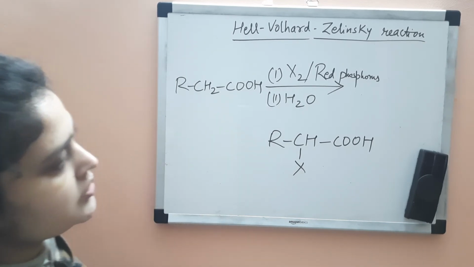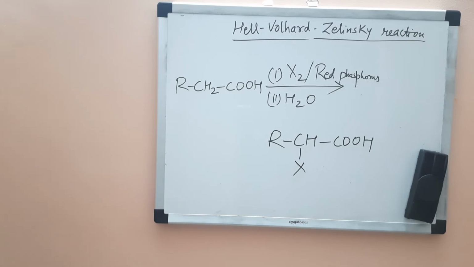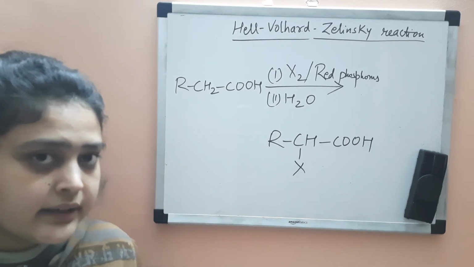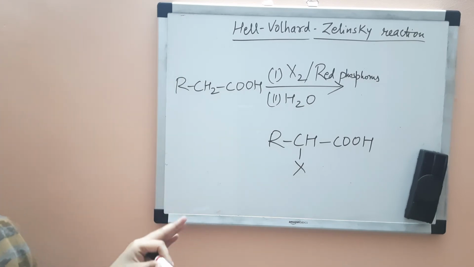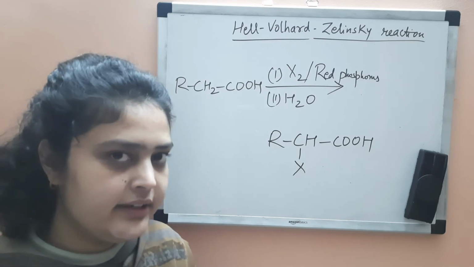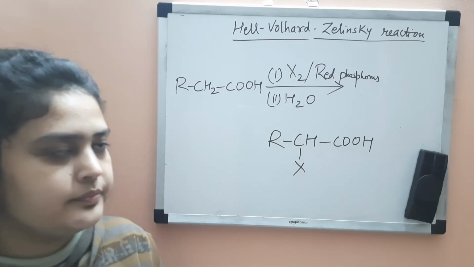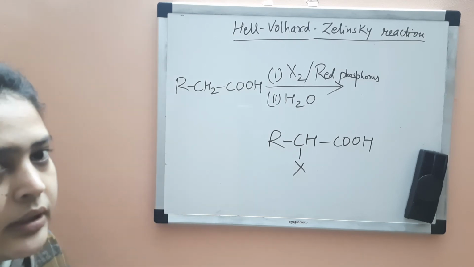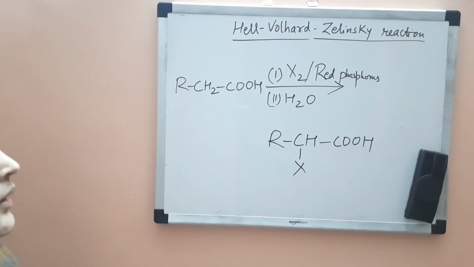The next reaction is what? Ring substitution. So in ring substitution, the aromatic carboxylic acid, what they do, the carboxylic acid is what? It is deactivating group and meta-directing group. So the incoming electrophile will get attached to the meta position of the aromatic ring. Let us see how.